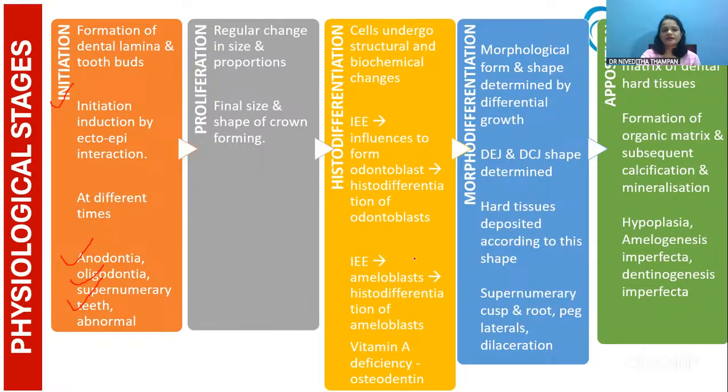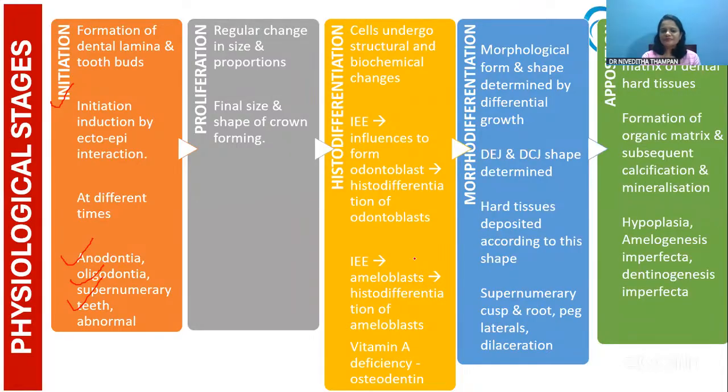Then any change in the size and proportions can result in proliferation changes. So you can see macrodontia or microdontia if any change happens in this proliferation stage. Then histodifferentiation. The cells will undergo mostly structural and biochemical changes.